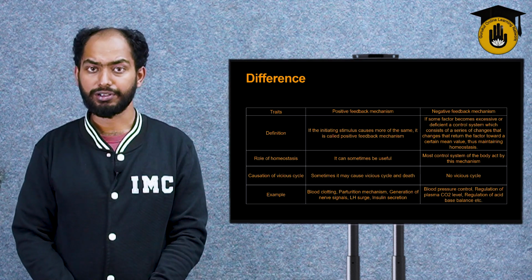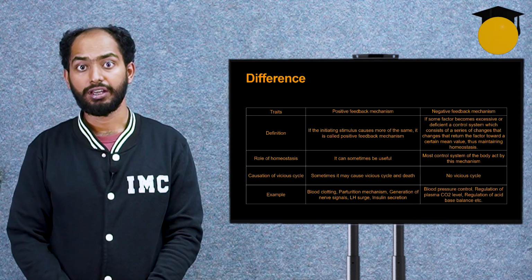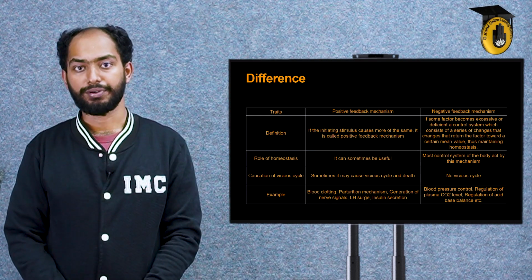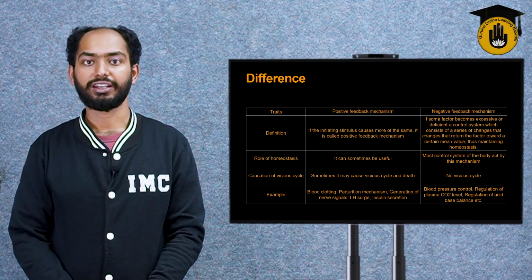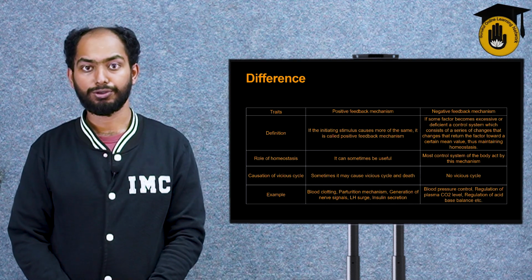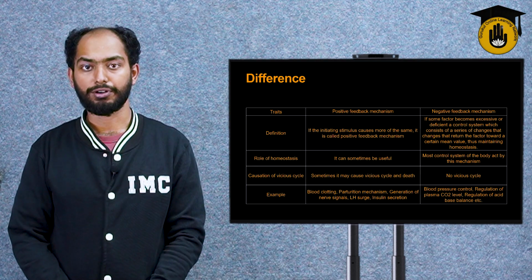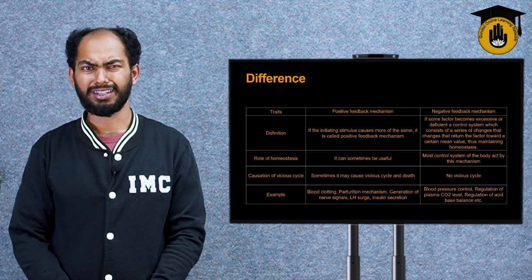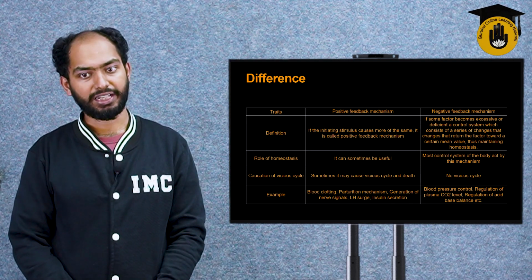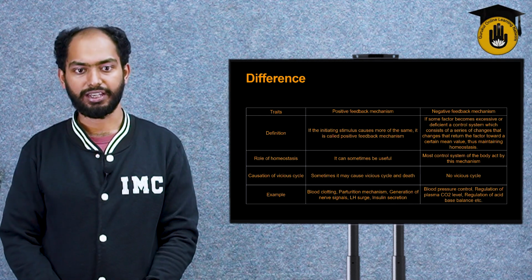These are very important things, but they can also be vicious or very dangerous when a large amount of blood is lost from the body of a person, which causes a vicious cycle, and a person can die of that. So a vicious cycle can arise in a human from the positive feedback mechanism, but the negative feedback mechanism does not contain any vicious cycle.